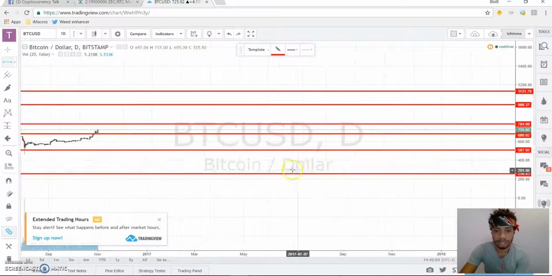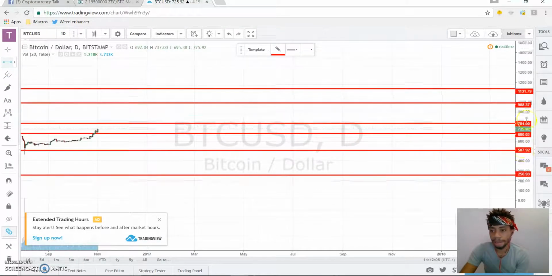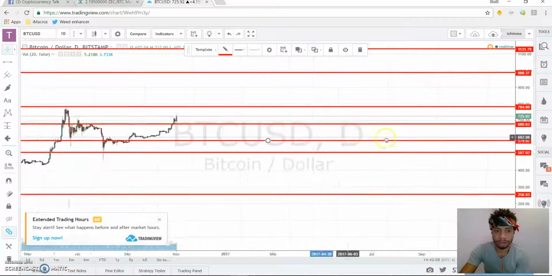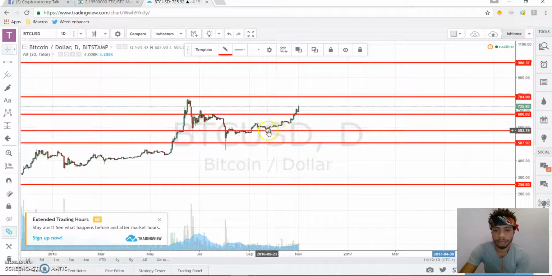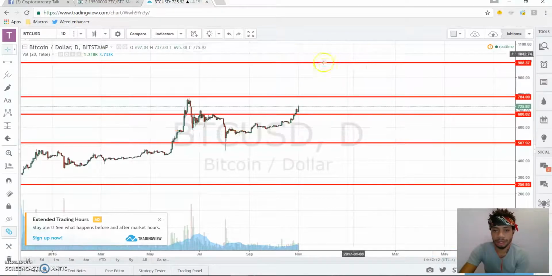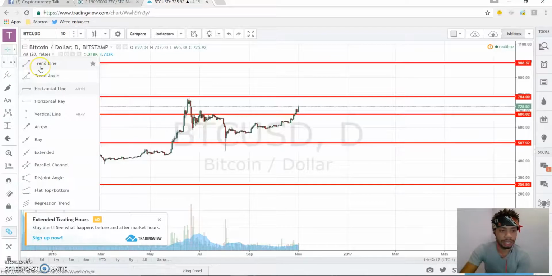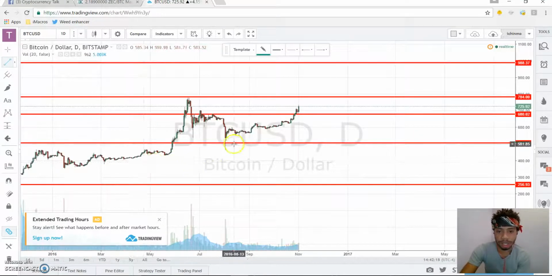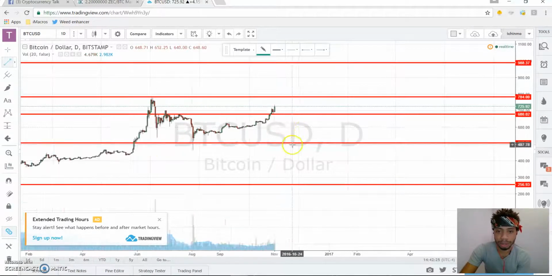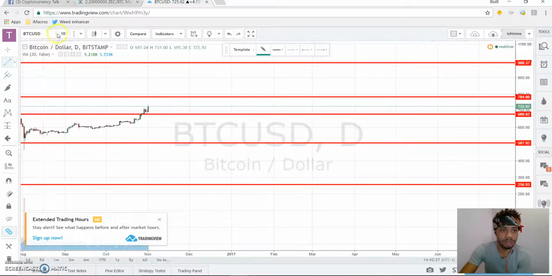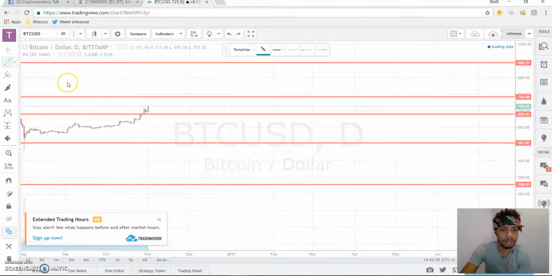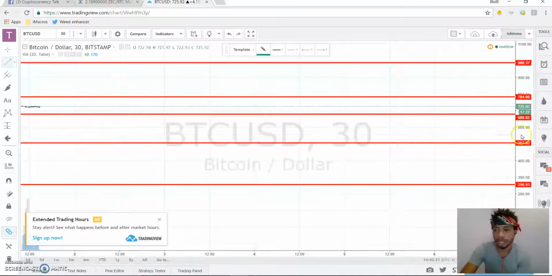Let's zoom in. Let me delete that. So we could do a trend line. I don't want to spend too much time because I got another one. Man, there's not really any point in doing a trend line here, unless I did, let's do a smaller time frame. Let's do this. Booyaka.